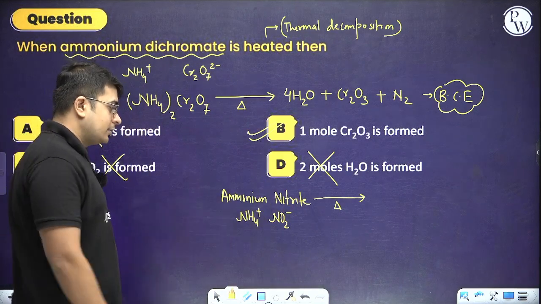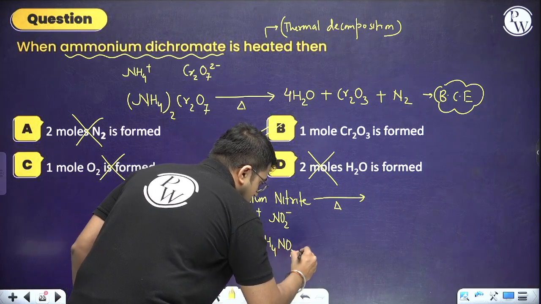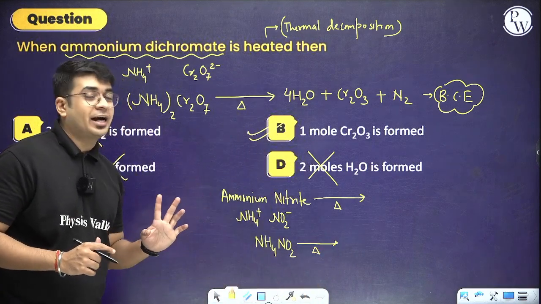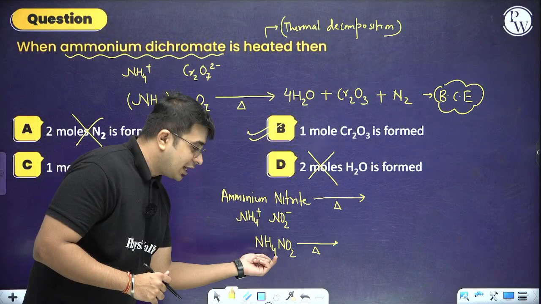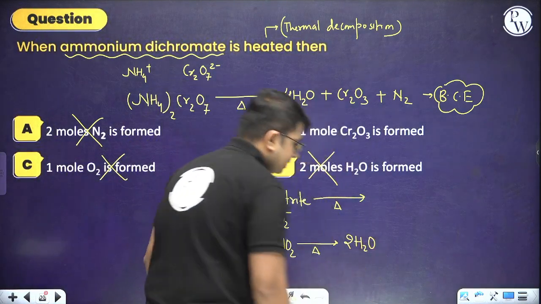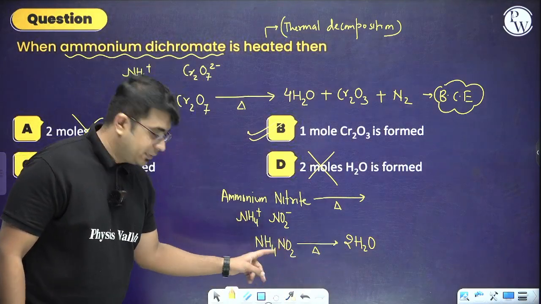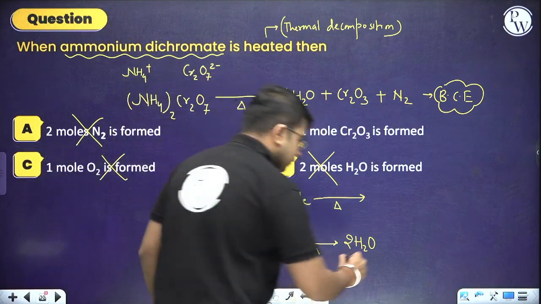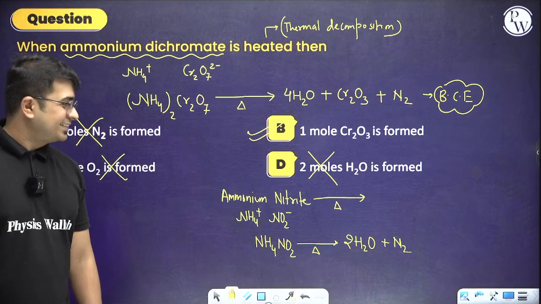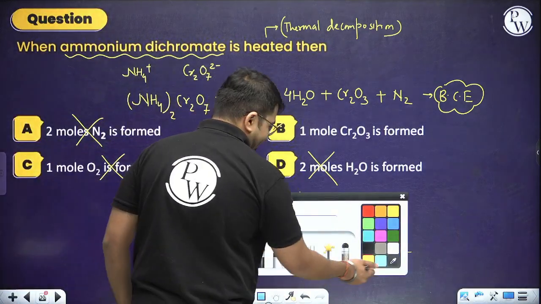Combine the formula and you can see the formula will be NH4NO2. Thermal decomposition, so again I am looking for the hydrogen and oxygen. 4 hydrogens are present, which means I can remove 2 H2O. So 4 hydrogens and 2 oxygens are gone. The remaining part is nitrogen, so you are left with only one product, which is N2. Excellent. Okay, next part.